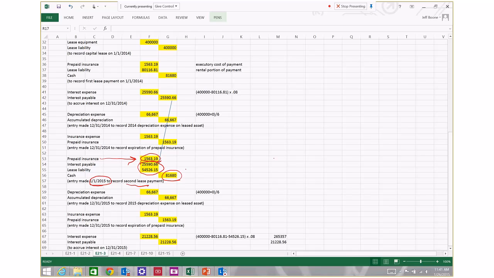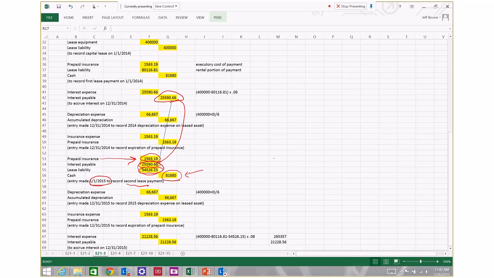Now, up here in this journal entry, we accrued interest, so we know out of the remaining portion of the payment, $25,590.66 represents interest, and the remaining portion, the $81,680 less the $25,590.66 less the $15,633.19, or $54,526.15, represents the portion of this payment that is characterized as a reduction of principal, and therefore is a reduction of the lease liability amount.